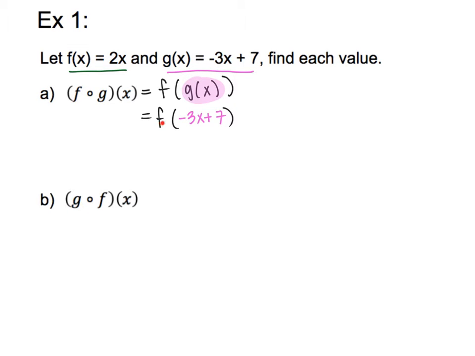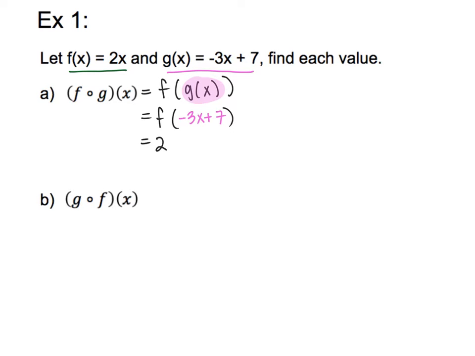So in this case, I need to plug negative 3x plus 7 into f. I have to plug this entire thing into the f function. Well, here's f, the function, and f is 2 times x. So I'm going to write this as 2, but wherever I see an x, I have to plug in negative 3x plus 7. So here's my x.